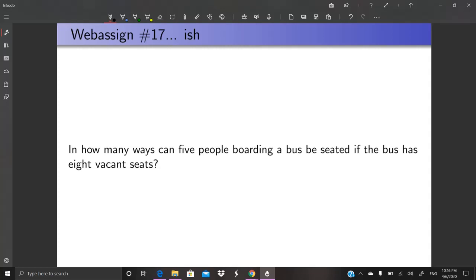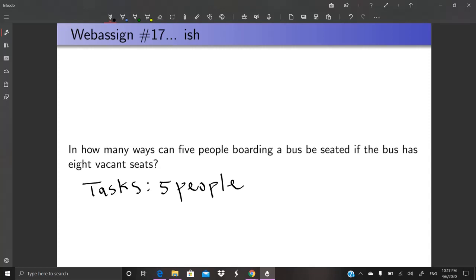So if you look at it that way, in terms of 6.3, the multiplication principle, you can think of the tasks as the 5 people. And then you have to think about the number of ways these tasks can be performed, in other words, the number of options for seats that these 5 people have.